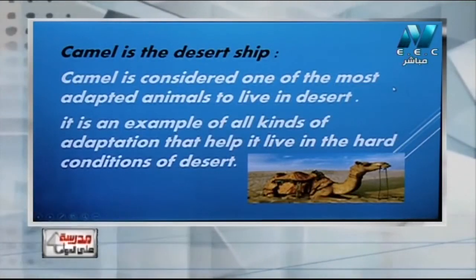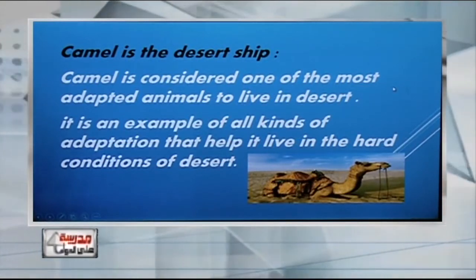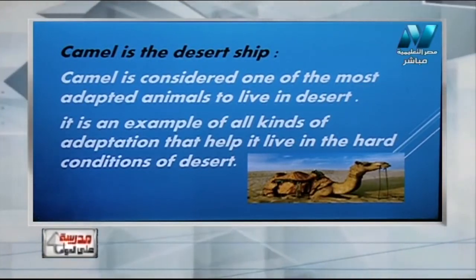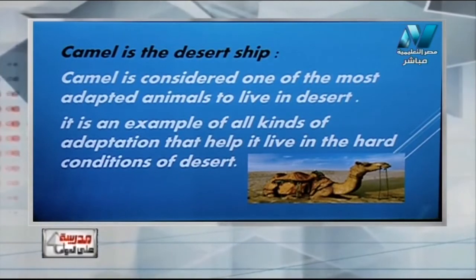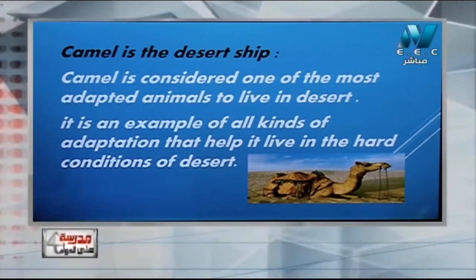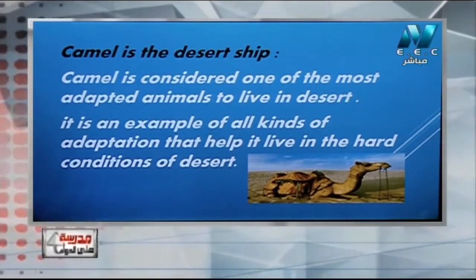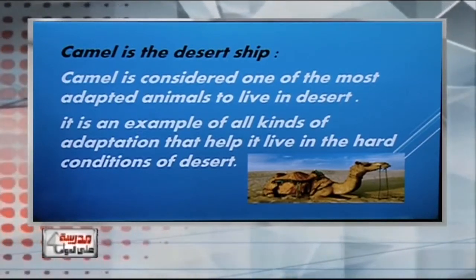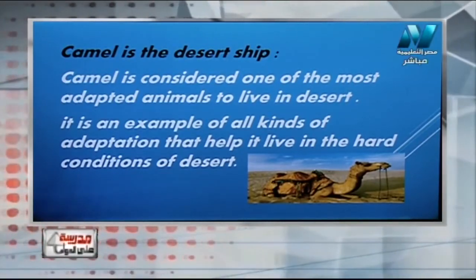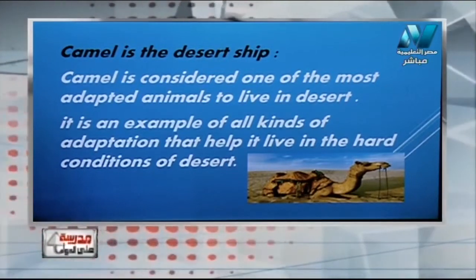Okay. Camel, the desert sheep. This is the last point today. Camel is considered one of the most adapted animals to live in the desert. The camel is the animal which can show all types of adaptation.